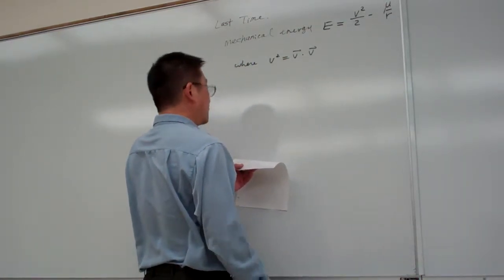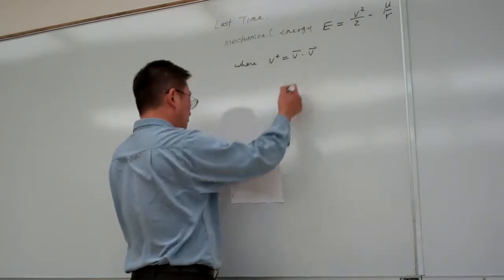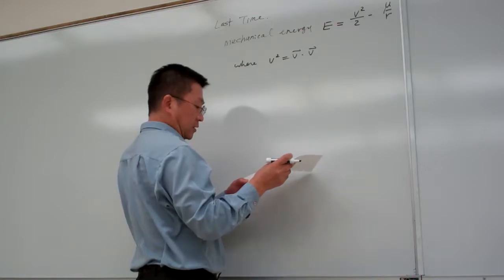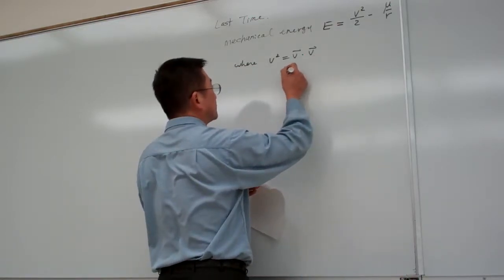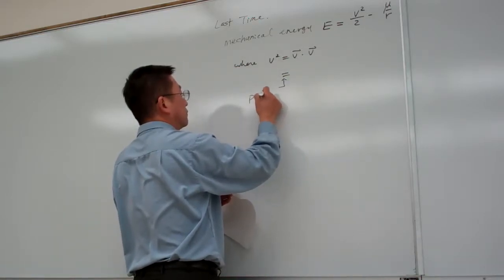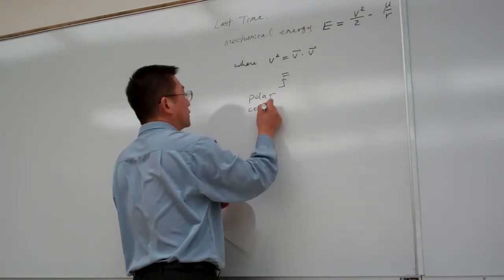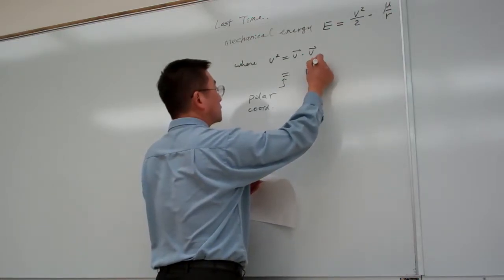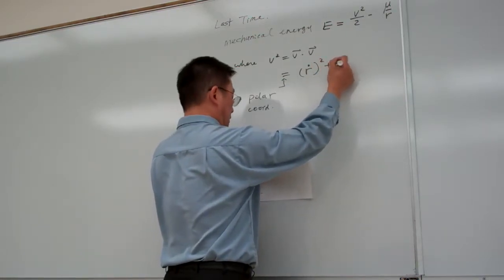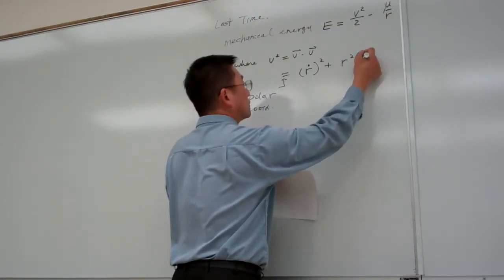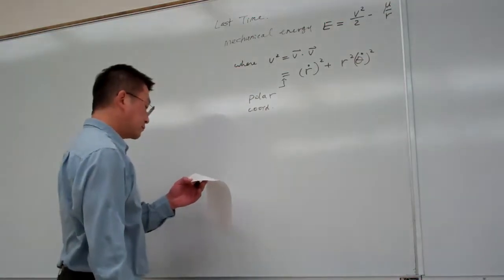If we take the velocity in the polar coordinate system, then v squared can be described by r dot squared plus r squared theta dot squared.